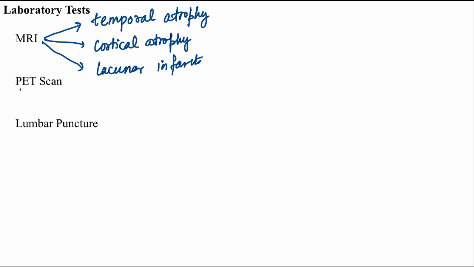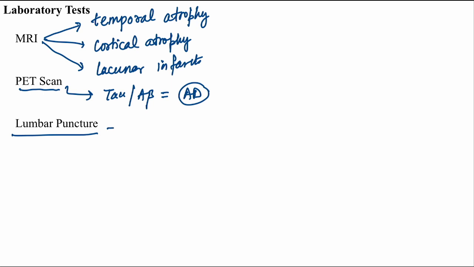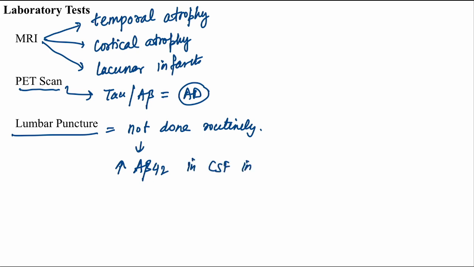Then there can be PET scan to rule out for tau and A beta amyloid. It will be seen in Alzheimer's disease. Lumbar puncture is not done routinely, but you will see elevated level of A beta 42 in CSF in Alzheimer's disease.